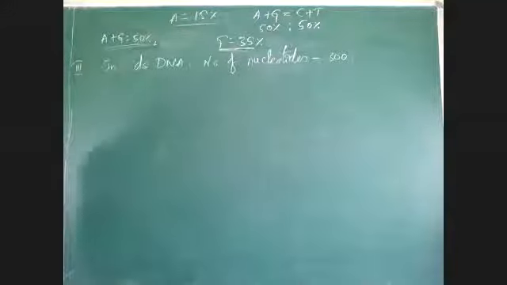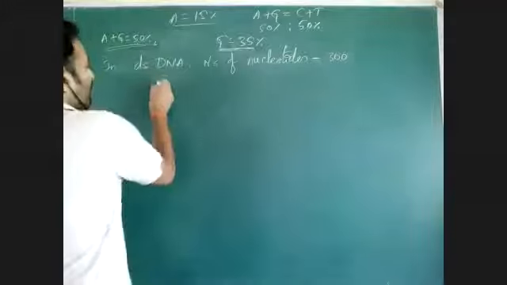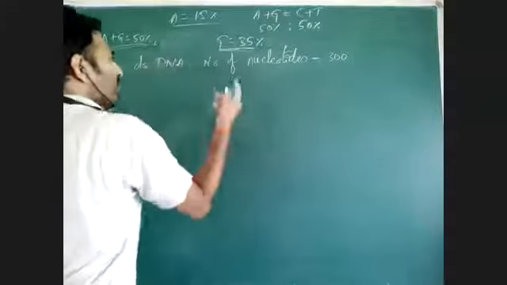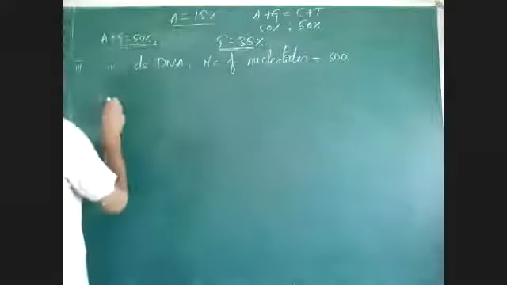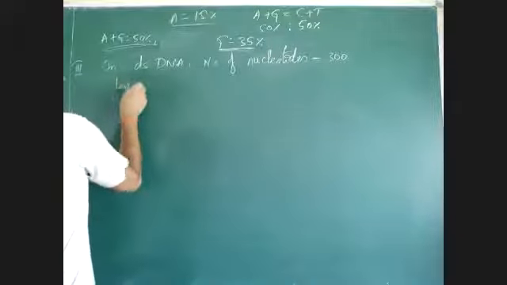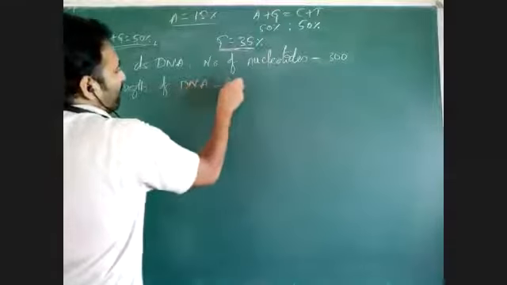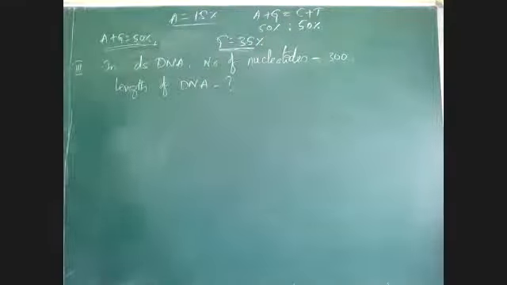Number of nucleotides is equal to 300. Then what is the number of base pairs? Means you can say 150 pairs. Then what is the length of DNA?